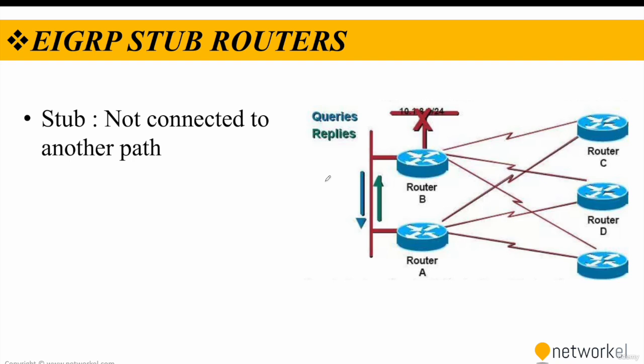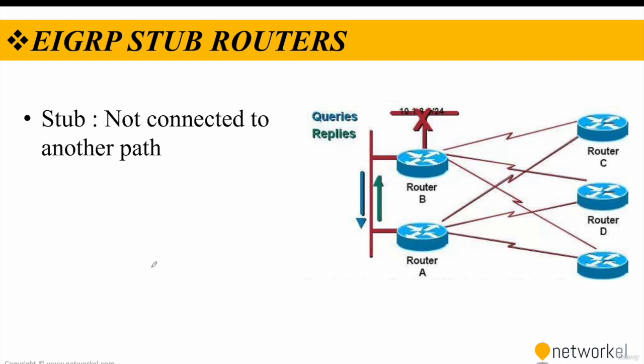This is useful for routers that do not need to participate in the full routing process. Stub-configured routers do not forward routes learned by EIGRP to other neighbors, and more importantly, non-stub routers do not send any query messages to the stub routers. So this saves bandwidth.